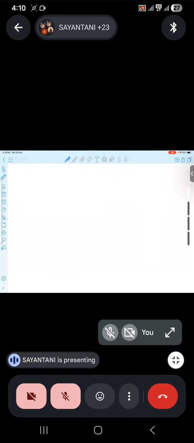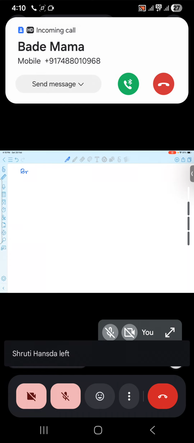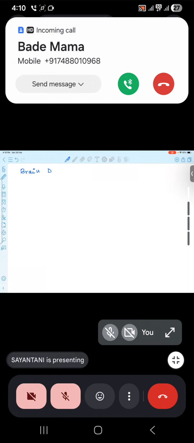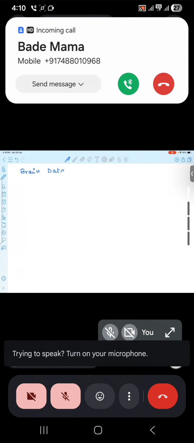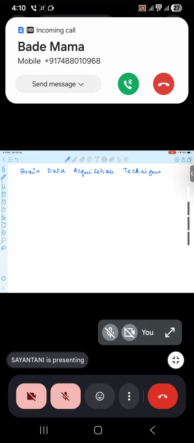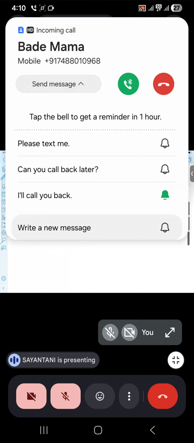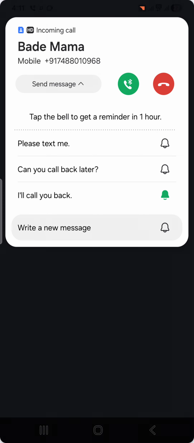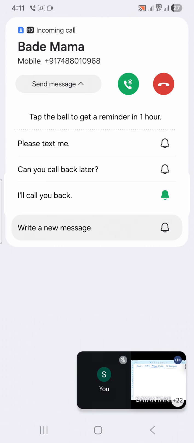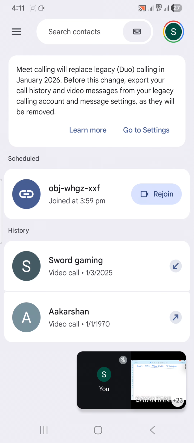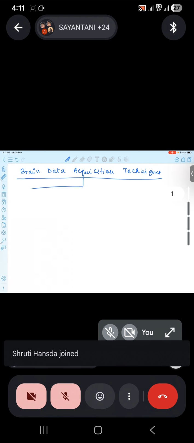So, our topic for today's class is brain data acquisition. Now, this particular category of brain data acquisition techniques can be divided into the following three types.